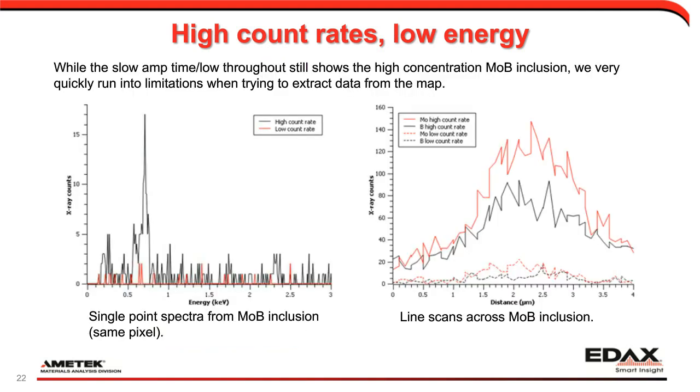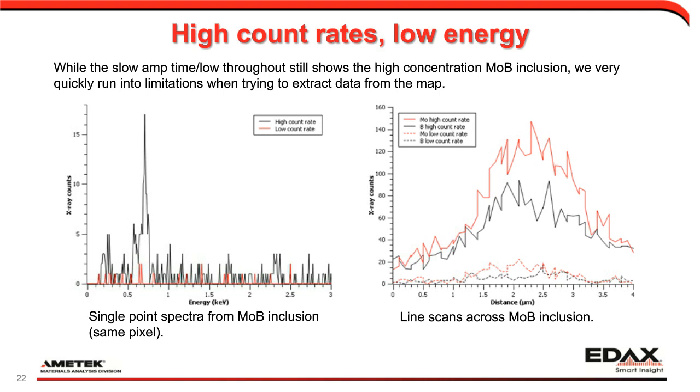And again, to highlight what is actually going on at the individual spectrum level, slow amp time, low throughput still gives you the high concentration inclusion, but if you try to look at the individual pixels, you run into the limitations.